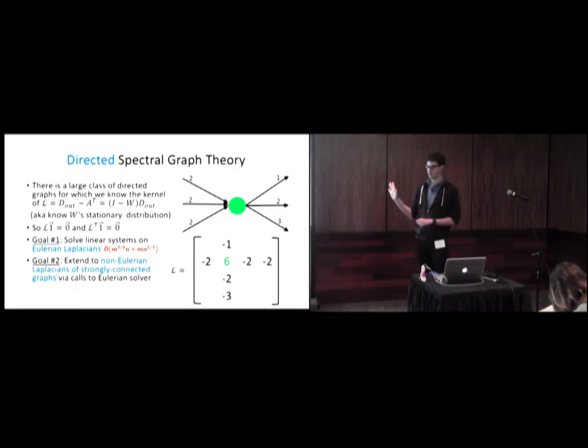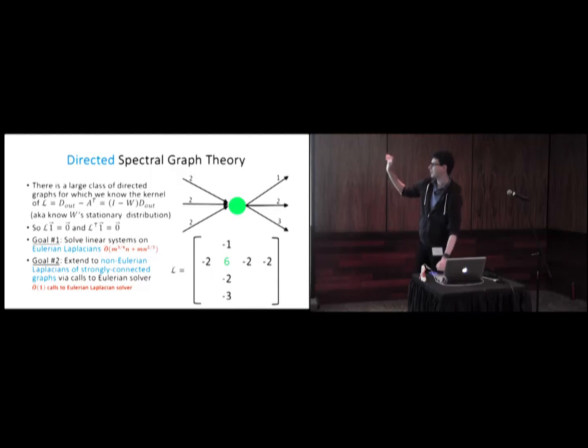This beats anything that we could ever hope to achieve using fast matrix multiplication. For the second problem, we only need to make a polylogarithmic number of calls to the Eulerian solver in order to solve arbitrary strongly connected Laplacians. And this is not the end of the game, because there's a subsequent improvement that's going to be posted on arXiv, which gives almost linear time, but I'm not going to talk about it right now.